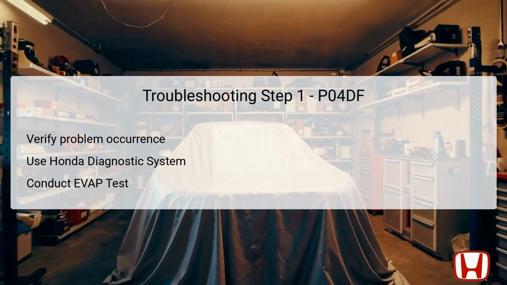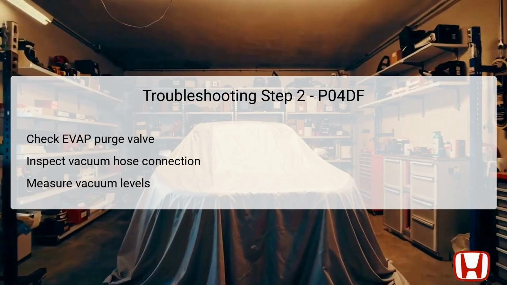It is crucial to note whether the test result is okay or not. If the test result passes, it may indicate that the system is functioning well at that moment, although intermittent failures could be possible. However, if another DTC prevents completion of the EVAP test, it is imperative to troubleshoot that specific DTC first. This initial step sets the groundwork for further investigation into the DTC P04DF.